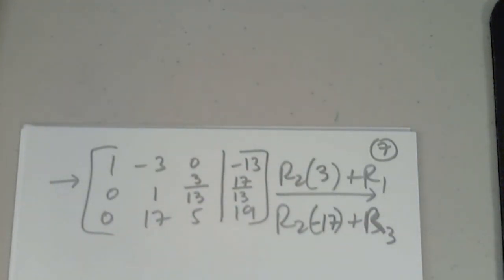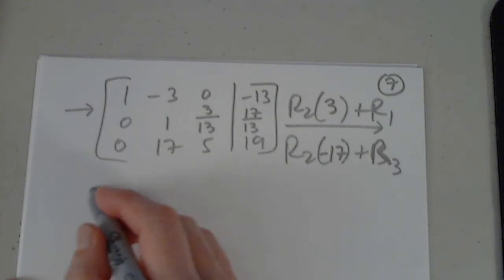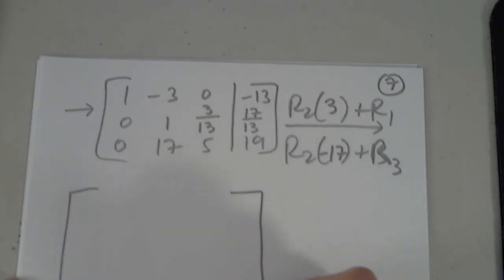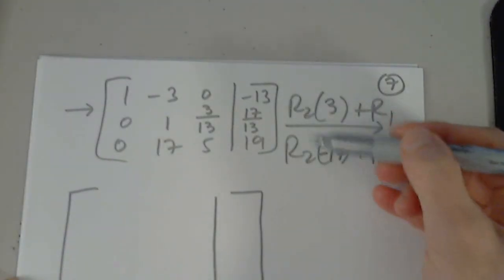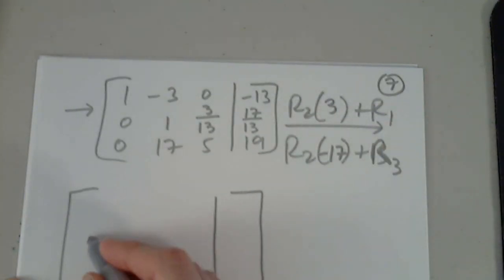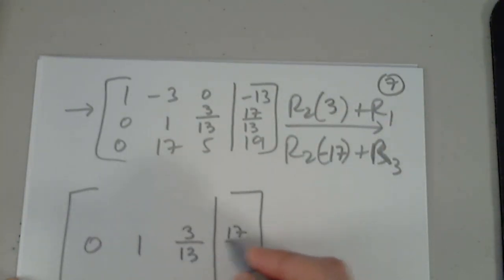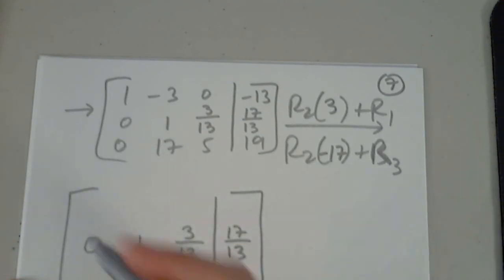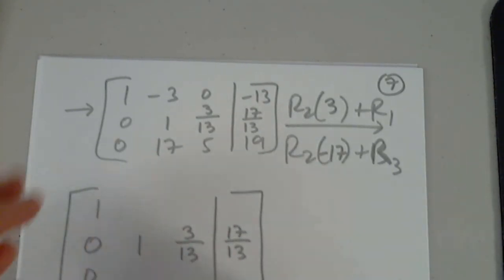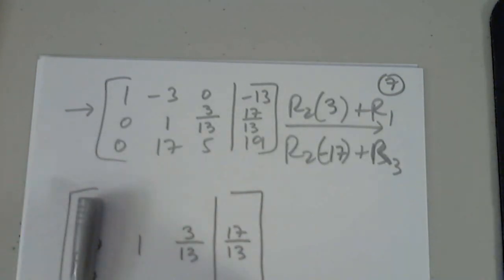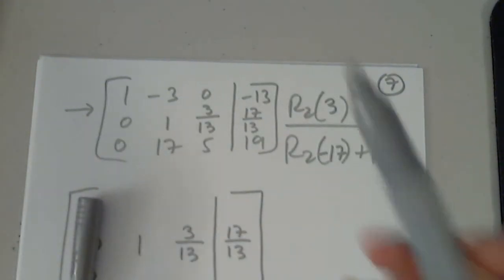Negative 17. So at this point, I have to copy row 2. Row 2 gets copied because I'm using it. 0, it cannot change at the same time. It may change later, and it will change later, but do not mess with this. Don't even look at this. You don't have to do anything. That is carved in stone.